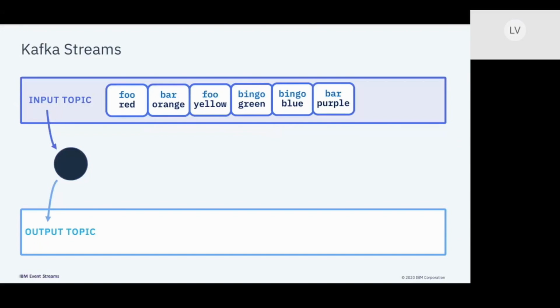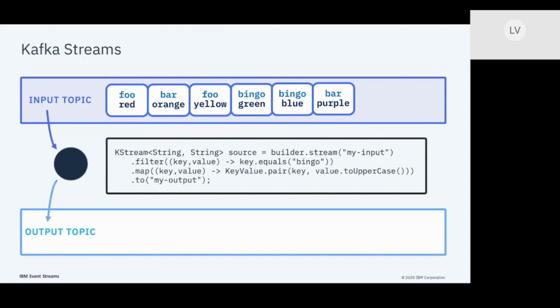You can define a specific stream by using KStream, something like this. Here, what you want is to capture the information with the key equal to bingo, and you want to update the value and use only uppercase.